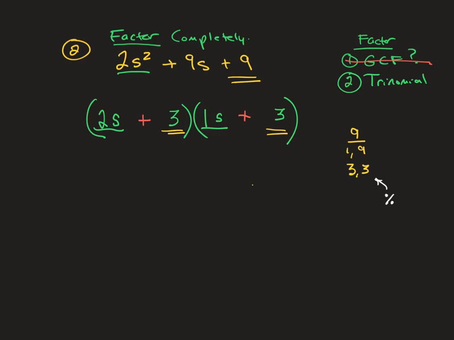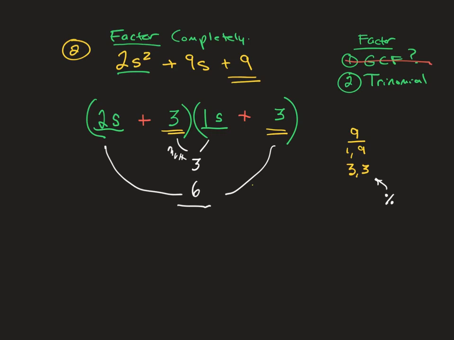So what we'll do is we'll multiply on the inside. Going to multiply those. So 3 and 1, I'll just write down the numbers there because that's the important bit. 3 times 1 is 3, and then on the outside, 2 times 3 is 6. And again, we're wanting this to add to be this middle term up here, 9s.